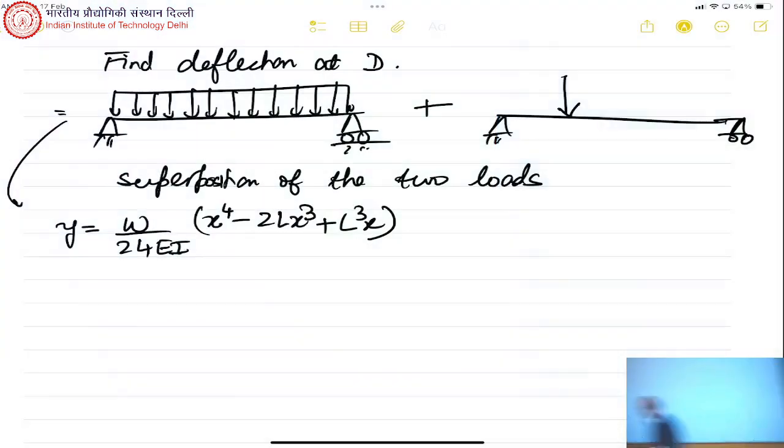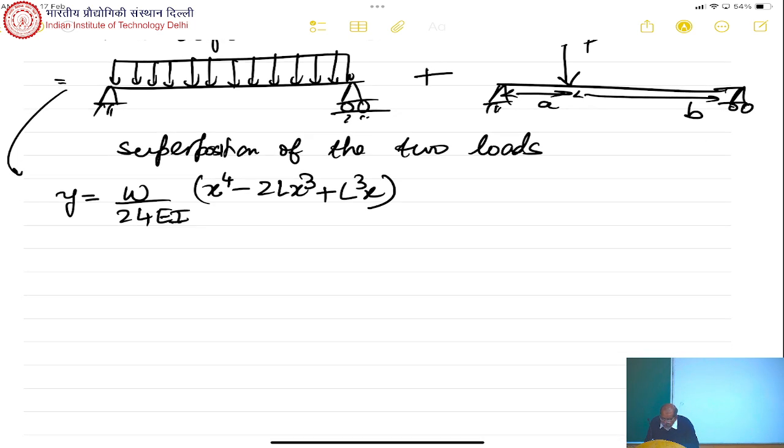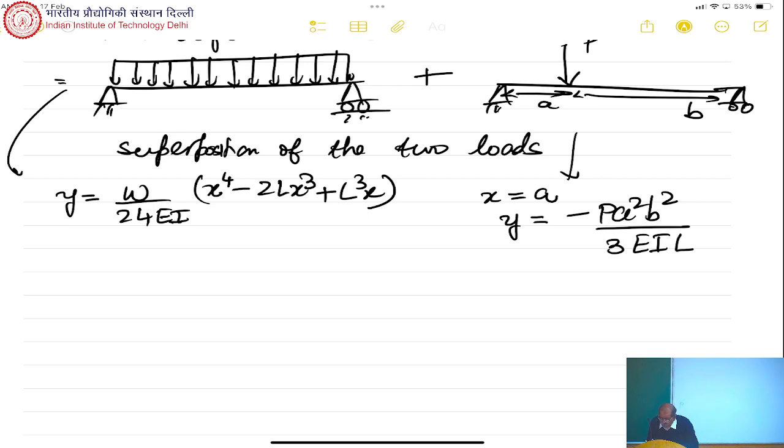Now for this one, what it says is, if this load is P, this is A, this is B, then the table tells you that x is equal to A, y is equal to minus P A square B square upon 3 EIL. So this you directly get from the table.